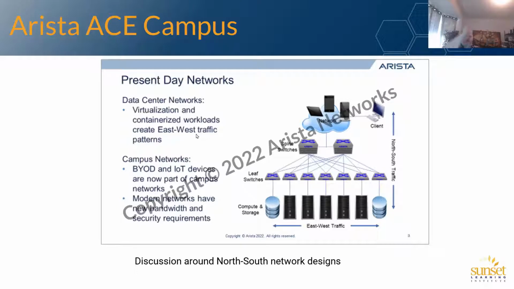So now instead of going north-south, we're going east-west, okay? However, outside the data center, if you think about it, if we're doing Wi-Fi and we have a bunch of Wi-Fi laptops or tablets or smartphones or what have you, those folks are moving around as well.